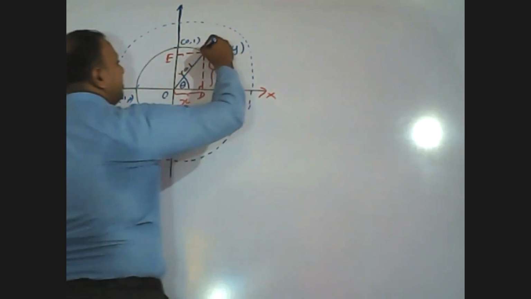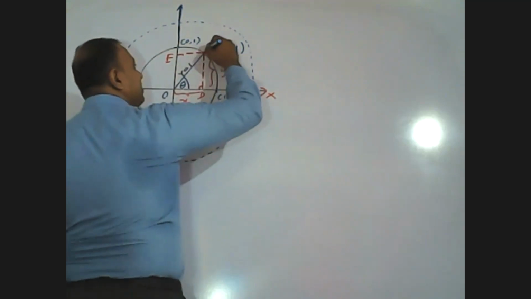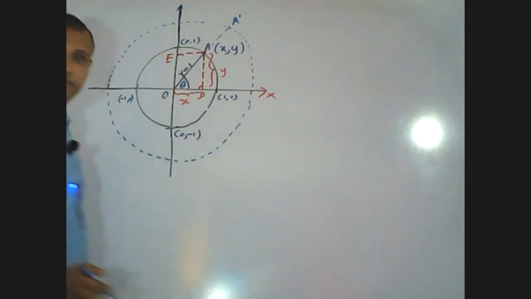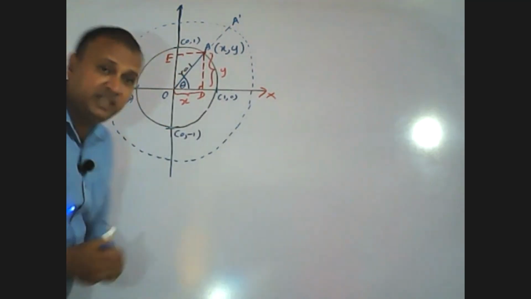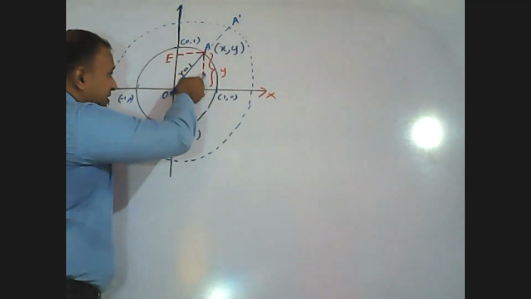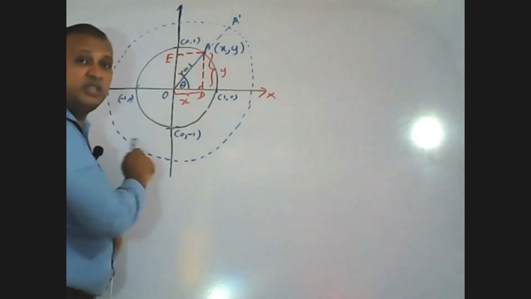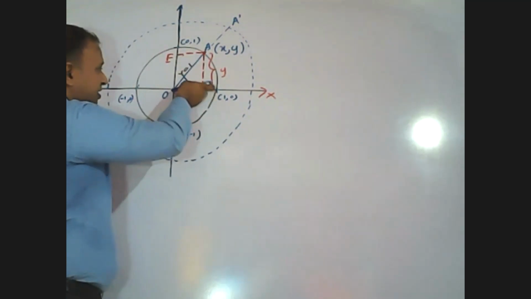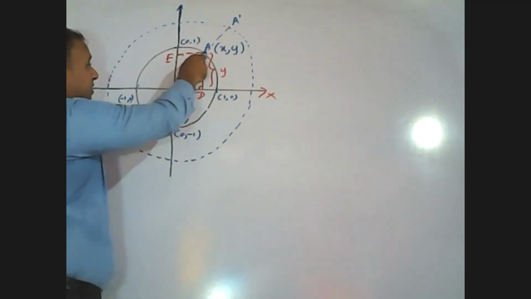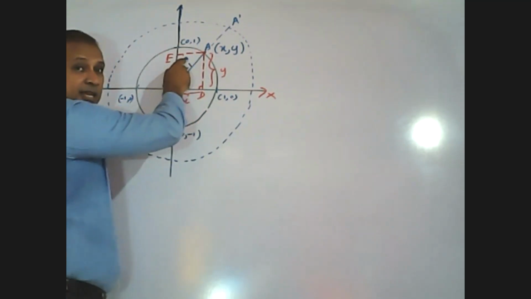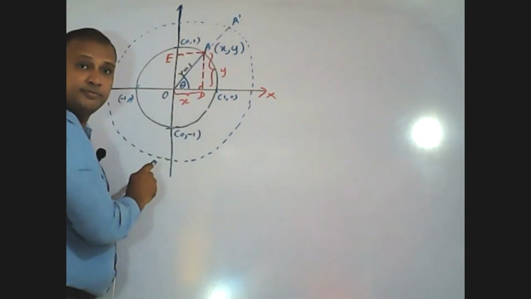Then I have to extend this one up to here. If the rotation is theta, this position won't be changed. So I have to extend the OA line segment up to A dash.